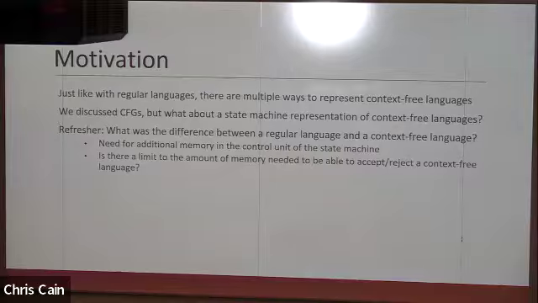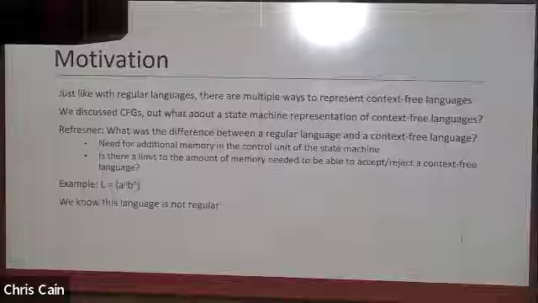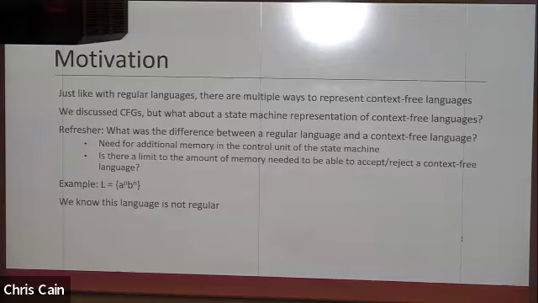To visualize this, let's take a look at the language a to the n, b to the n. We know this is not regular. We've determined that it is context-free. We've written a grammar for it. But to easily see whether there is a restriction to the amount of memory that we are using, is there a maximum number of a's that come before the b's?